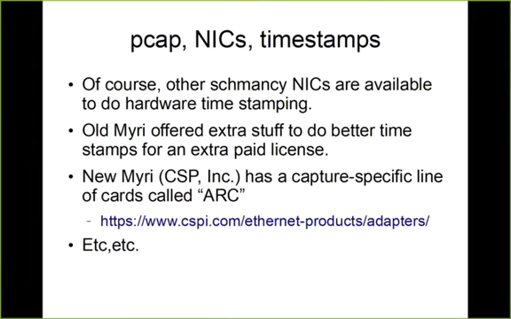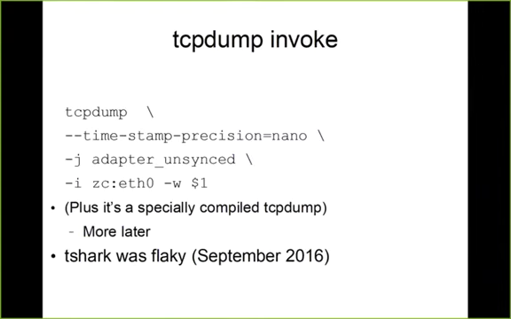CSPi has bought the Myricom product line and it has a capture specific line of cards called ARC, which there's a link to there. And there are, of course, others, which I can't think of. I won't go off the reservation.